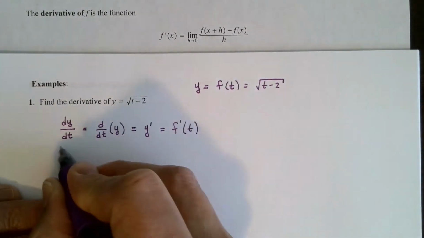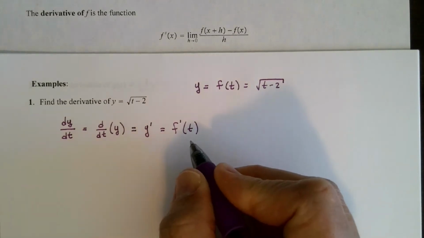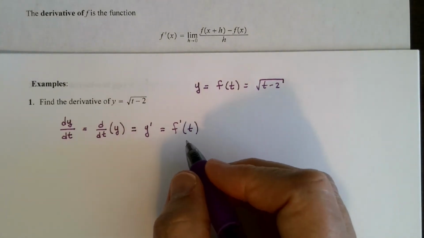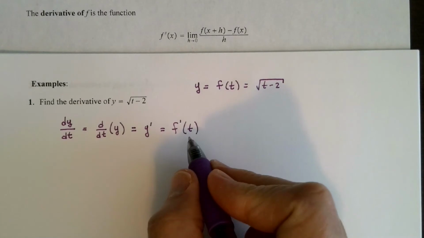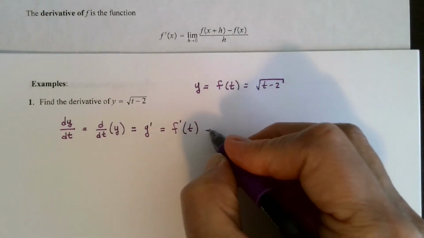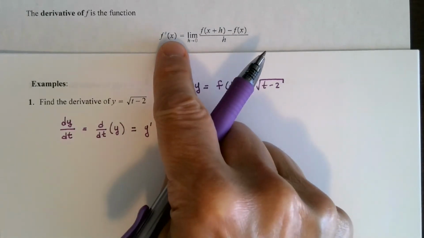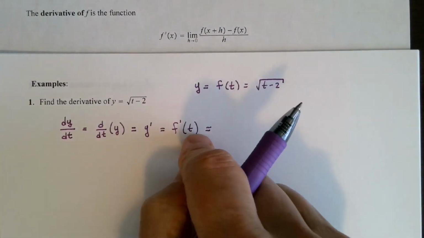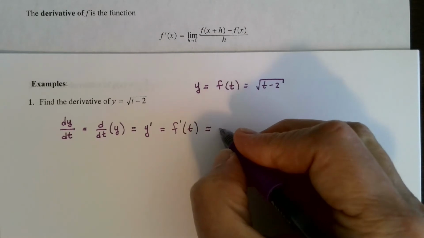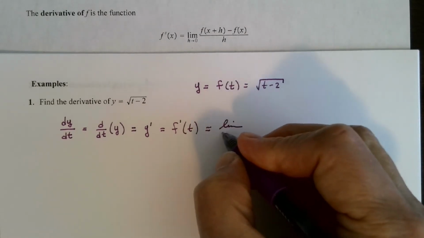Okay. So these are all different ways that we can write the derivative, and we'll interchange these. But you need to be familiar with all of these notations. Okay. But now I'm going to use the limit definition up here. Notice I've got x as my independent variable. Here it's t. So it's just changing the independent variable.